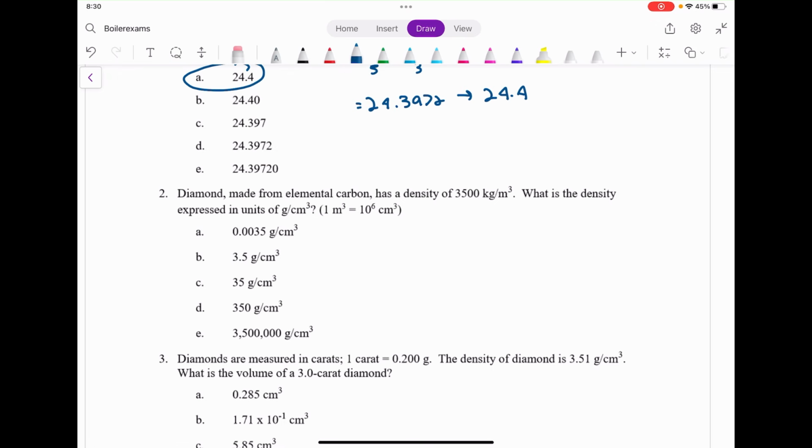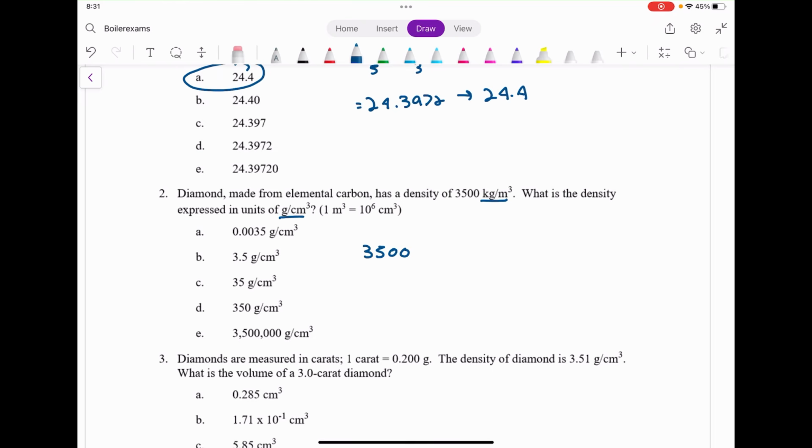2. Diamond made from elemental carbon has a density of that. What is the density expressed in units of grams per centimeter cubed? Okay, so we just got to do a unit conversion here. We are starting in kilograms per meter cubed, and they want grams per centimeter cubed. So let's just do some dimensional analysis.